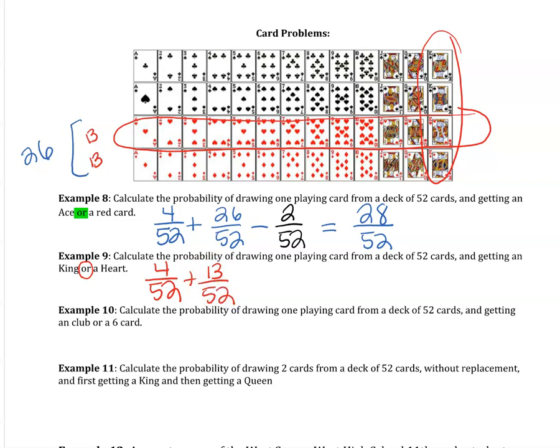Okay, now I gotta double check. Are there any kings that are also hearts? This guy right here. That's a king who is also a heart, and I can't count him twice. So I'm gonna subtract the 1 out of 52, and that would give me 16 out of 52.